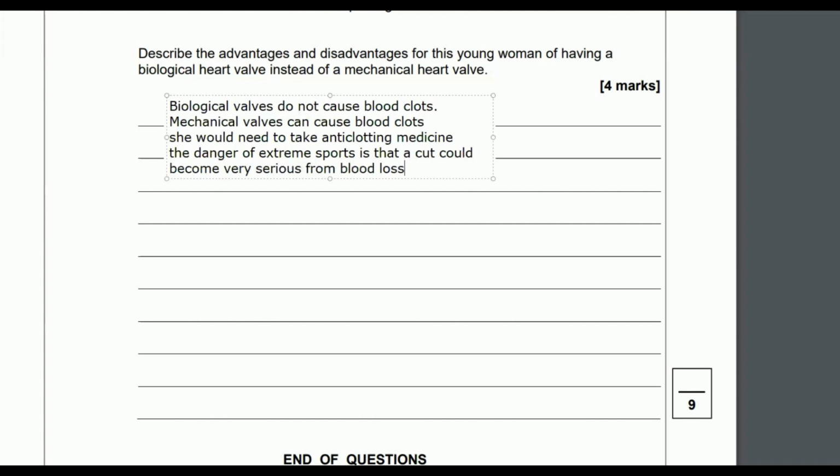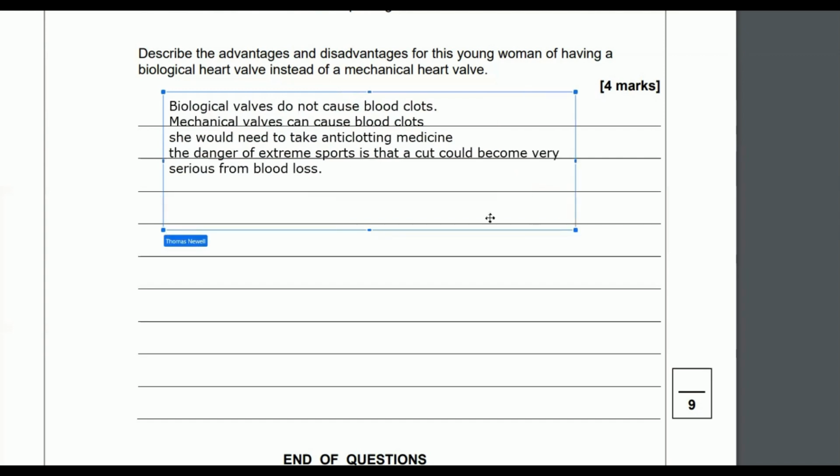If you can't clot your blood because you're taking these anti-clotting medicines which stop your blood clotting in order for you not to die of a heart attack from a blood clot, then that means if you get a cut while doing skiing or an extreme sport, motorbike riding, you could just bleed to death and lose enough blood that your pressure drops and you die. So that would be a bad situation. So that's a downside to mechanical valves.